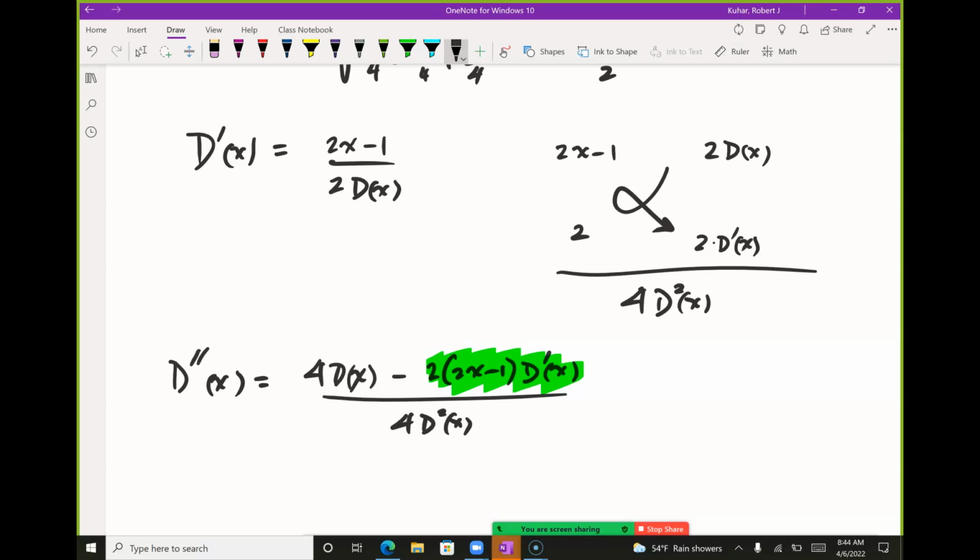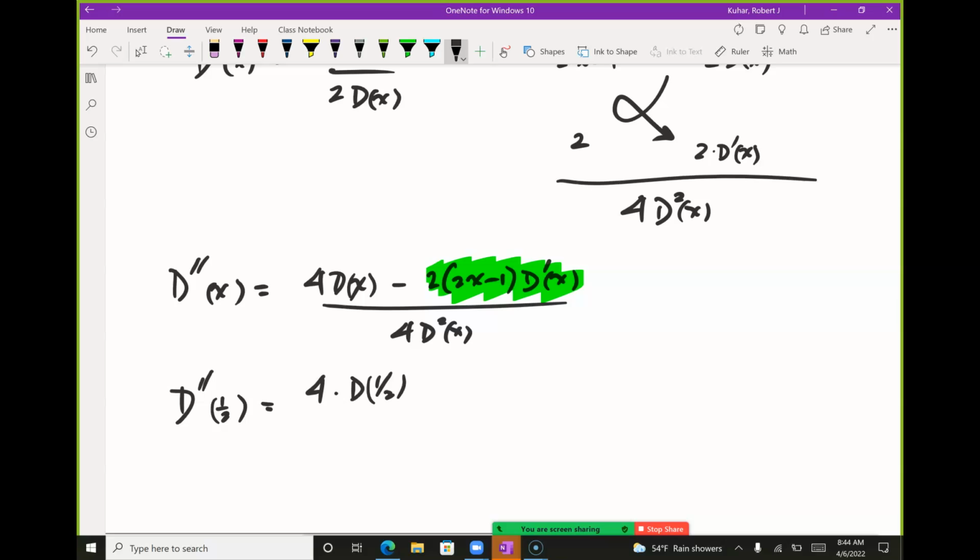So there's no real reason to think about that piece. I really have 4 times d of 1/2 over 4 times d squared of 1/2. The 4's cancel, and one of the distances cancels. So I get 1 over d of 1/2.